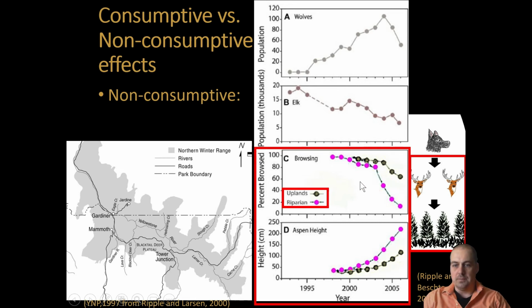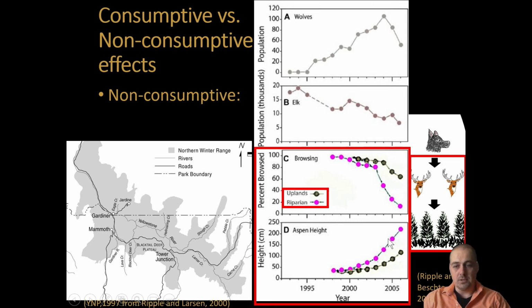So if you look at percent of aspen browsed, the obvious thing that you can see is there's a clear difference between the aspen browsed in the uplands and in the riparian zone. And you can see there's a clear difference in the height of the trees in the uplands compared to the aspen in the riparian zone.